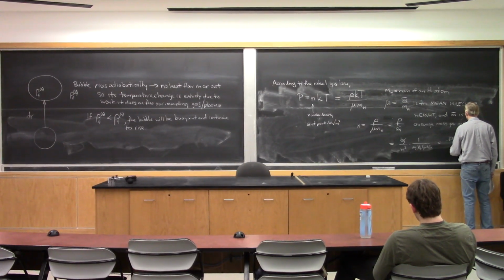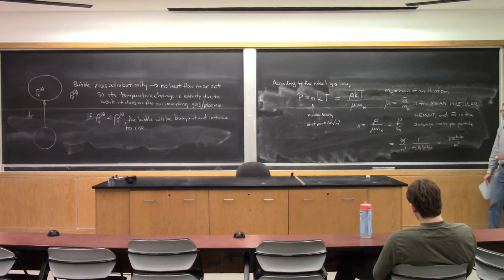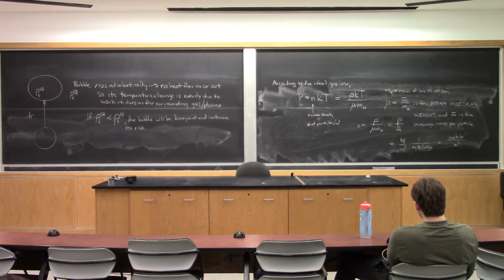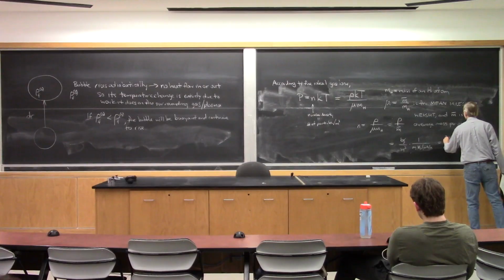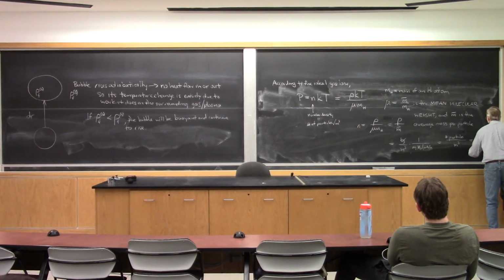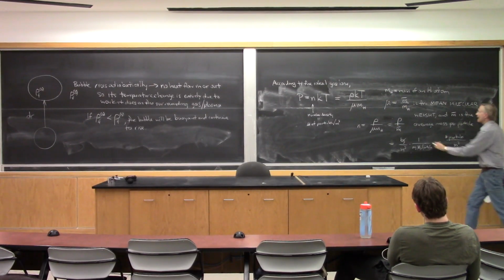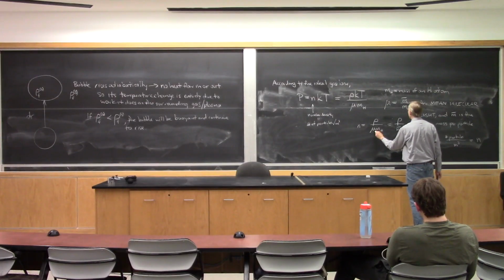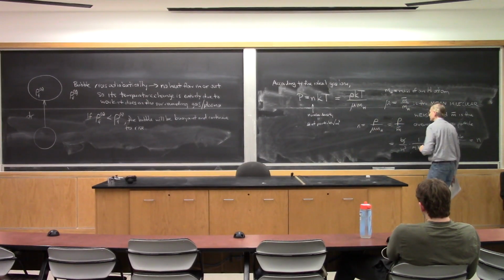per cubic meter. What do we call the number of particles per cubic meter? That's the number density, right? What symbol do we use for number density? n, yes. So n is rho over mu m_H, because it's rho over the average mass per particle.